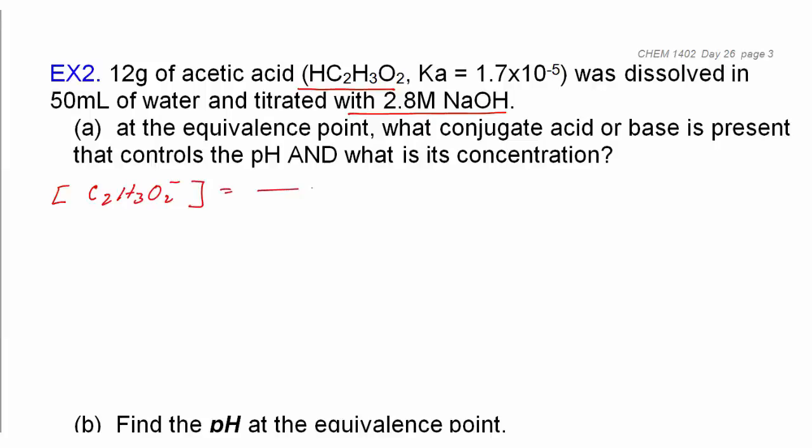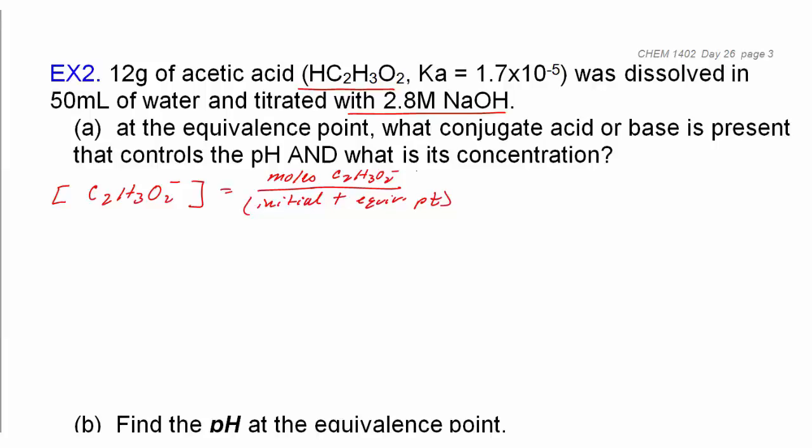That's going to be the moles of acetate all over the total liters of solution, total volume. Right, the initial plus the equivalence point. We could actually write that. It might look better. That'll be the initial plus the equivalence point in liters.